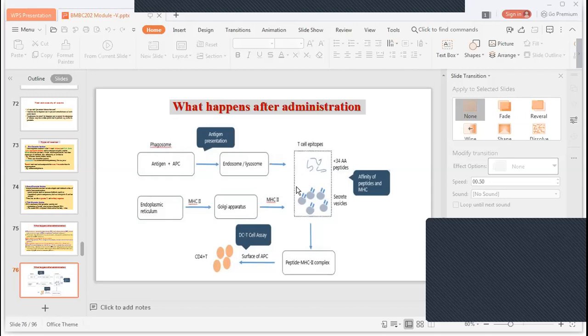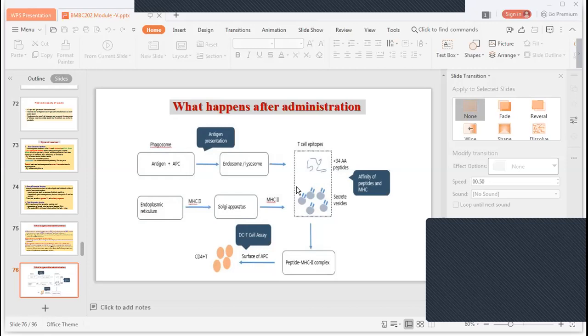Here the T cell receptor's beta chain of the variable region will come into play. When this beta chain binds with the antigen, then this antigen is known as a superantigen. And if the CD4 plus T cell, MHC2 and the protein form a complex, then this is a conventional antigen complex.